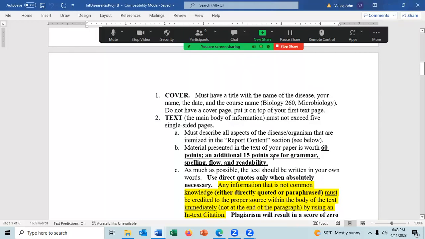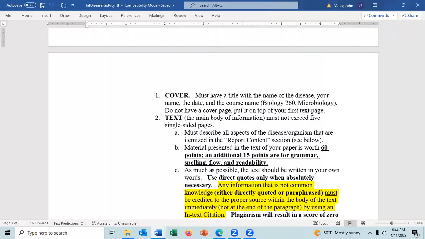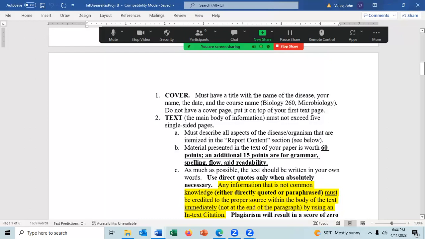The material of the text is going to be worth 60 points, but there's an additional 15 points for grammar. So make sure your grammar is appropriate and good. I should say 15 points for grammar, spelling, flow, and readability. I generally have a spell checker, so don't try to fool me on your spelling. For flow, just do your best writing it up, and readability.